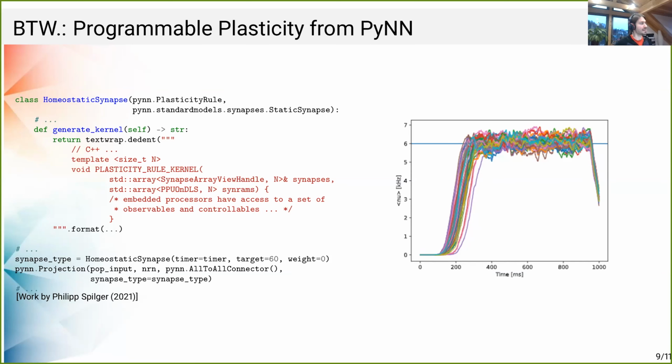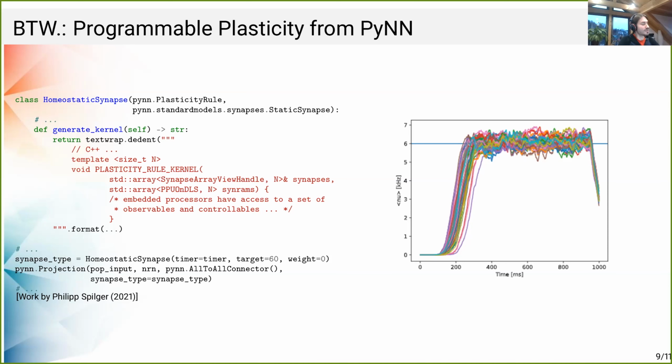And we do this by deriving from Pine classes. For example, this homeostatic synapse class is derived from a static synapse, and it implements a plasticity kernel. This kernel is parameterized, and this parameterization is a representation of which projections are really plastic in this homeostatic way.